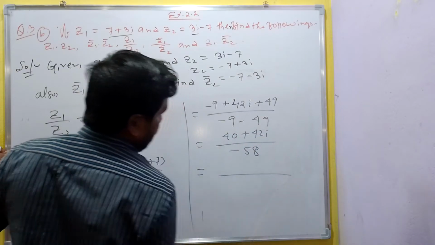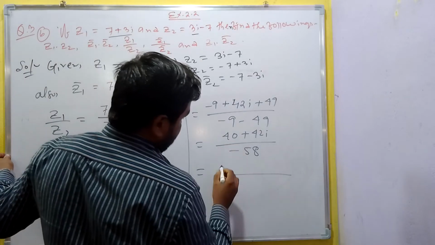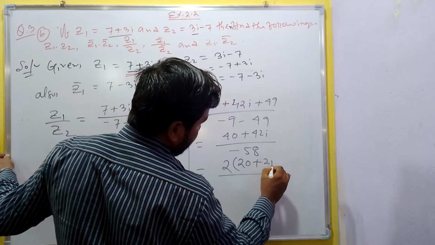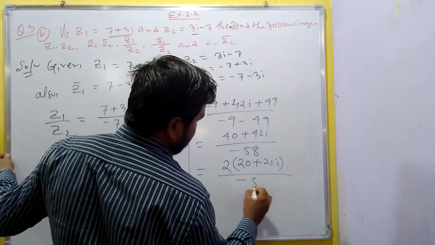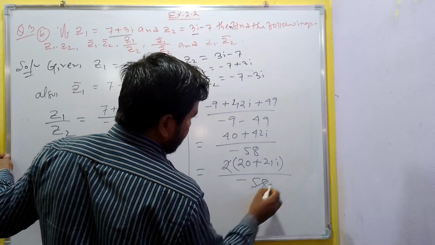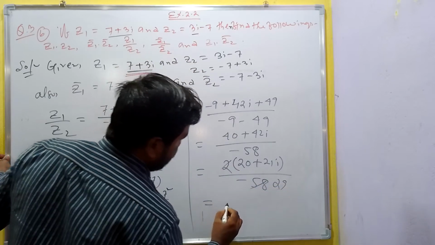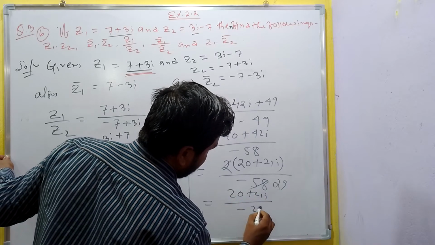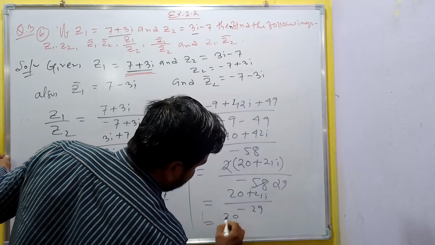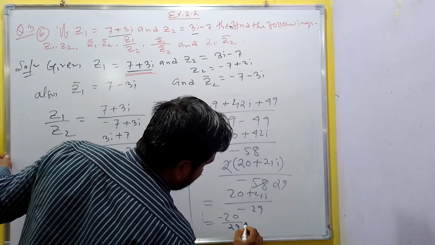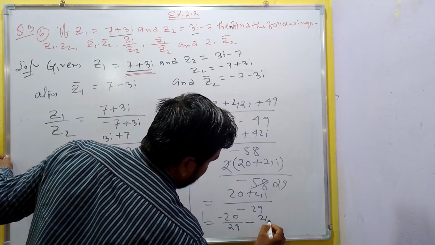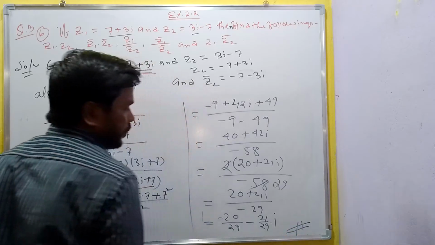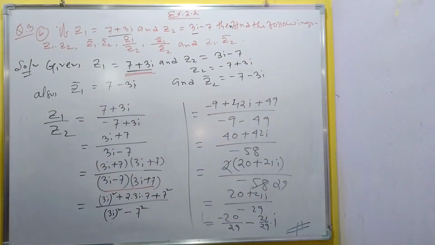Now you take 2 common in the numerator, so 20 plus 21i, then minus 58. Then this will be cancelled, so 29 here. Now you can write 20 plus 21i by minus 29. So minus 20 by 29, minus 21 by 29 of i. This one is the answer.